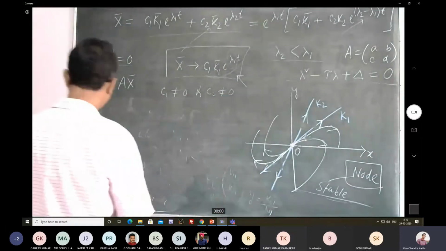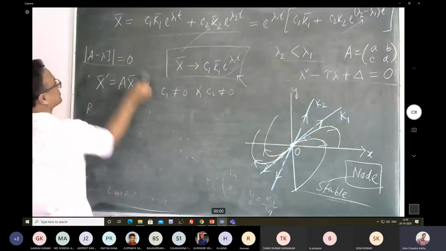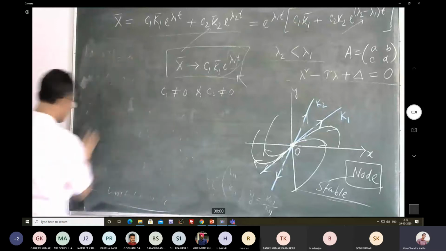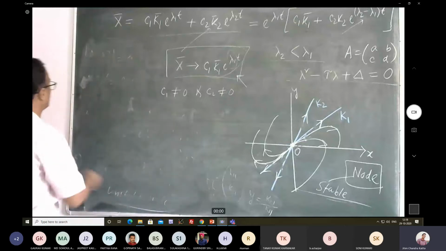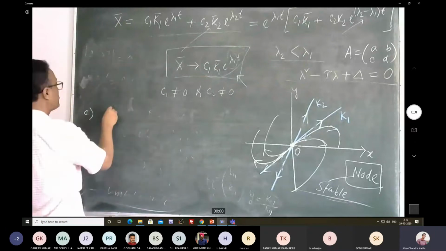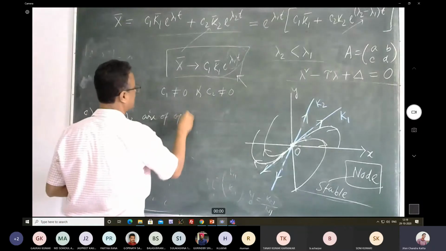Now, let me come to the case. I'm still in distinct real eigenvalues. Case C, when lambda 1 and lambda 2 are of opposite sign.